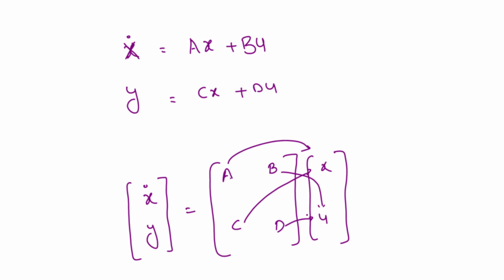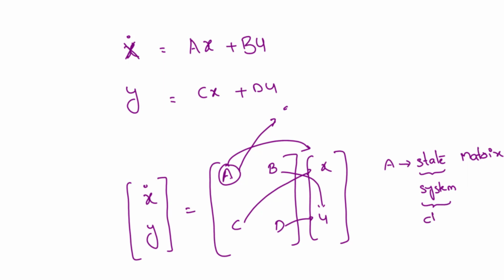Now this A is called the state matrix. A is composed of all the system parameters. I can say it is a system matrix also, or a characteristics matrix also.